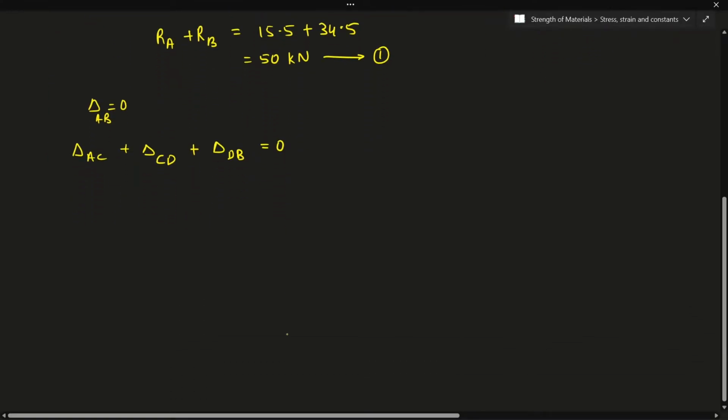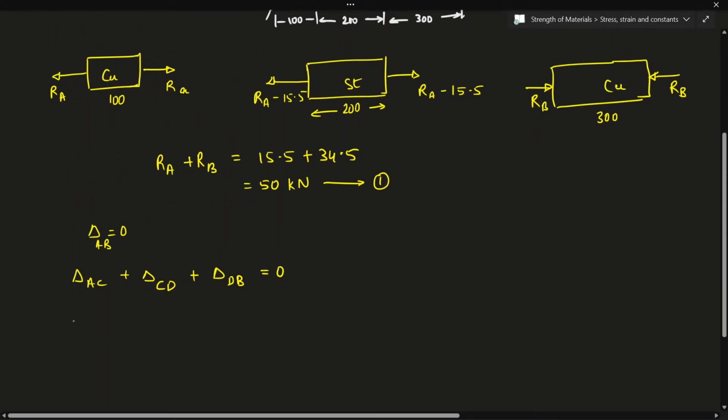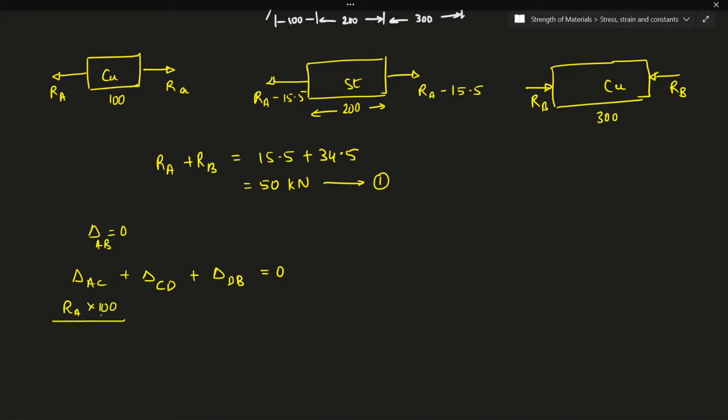Substituting the formulas: for AC, the load is RA into the length 100 divided by the area A and the modulus of elasticity EC, plus, again in tension, RA minus 15.5 into the length 200 divided by the area A, and the material is steel, ES.